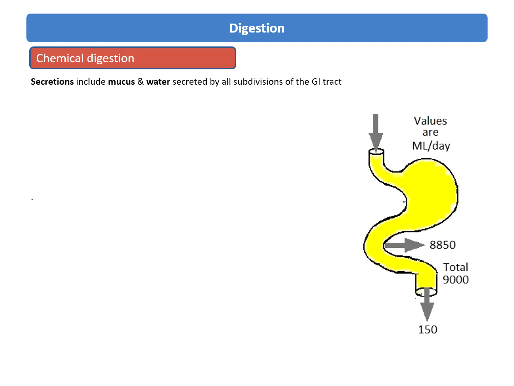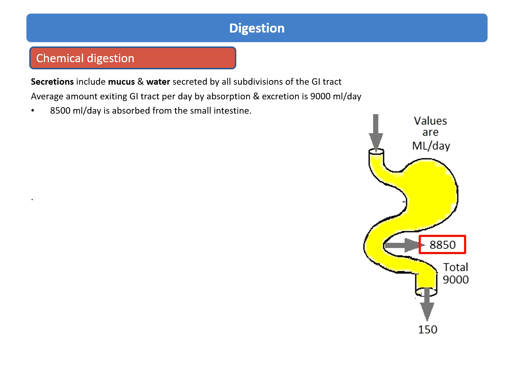We've mentioned secretions. We said they include mucus and water secreted by all subdivisions of the GI tract. The average amount exiting the GI tract per day by absorption and excretion is 9,000 milliliters a day. 8,500 milliliters a day is absorbed from the small intestine.